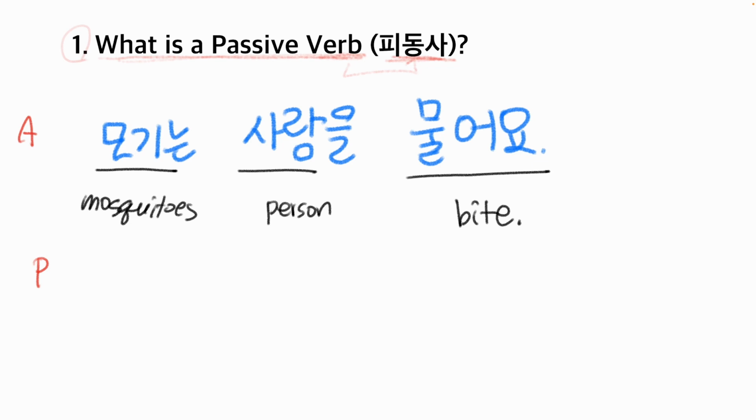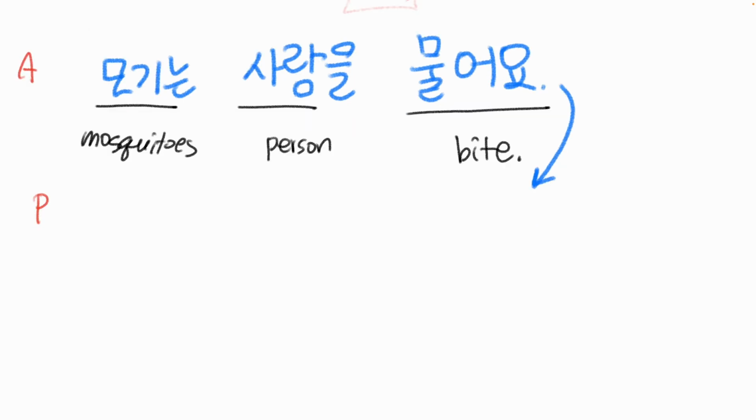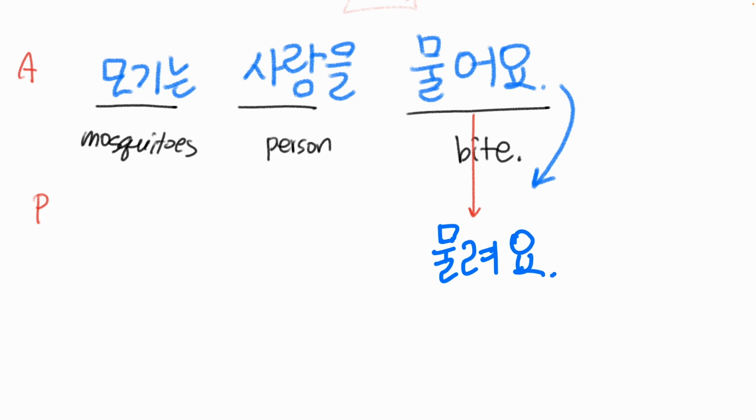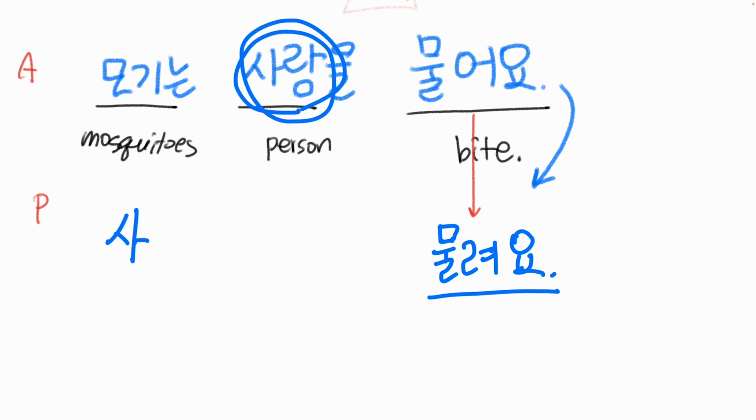And to change 모기는 사람을 물어요 to its passive equivalent, most importantly, you should be changing the verb 물어요 to its passive form, which is 물려요. And then the subject of 물려요 likewise should be 사람, the receiver of the action, because passive verb indicates that the subject is the receiver of the action, not the doer, right?